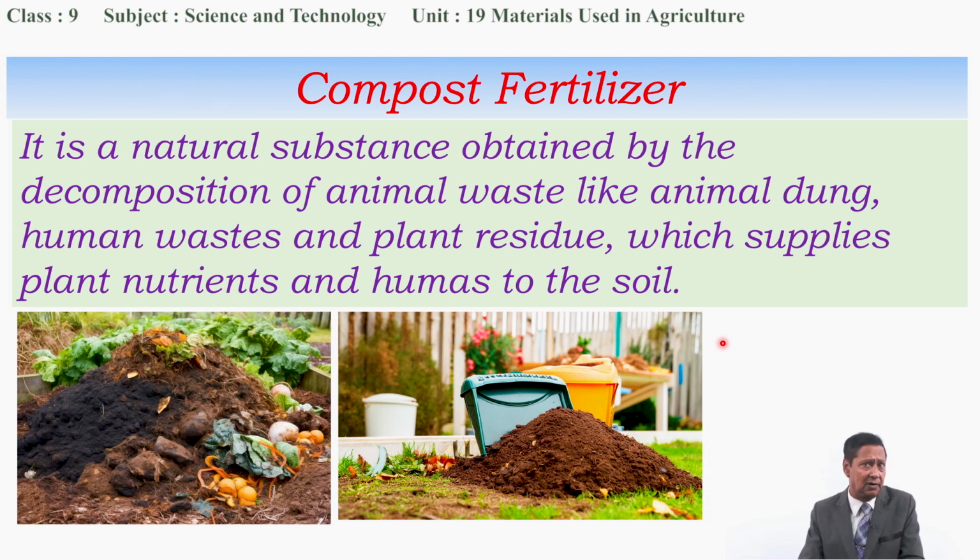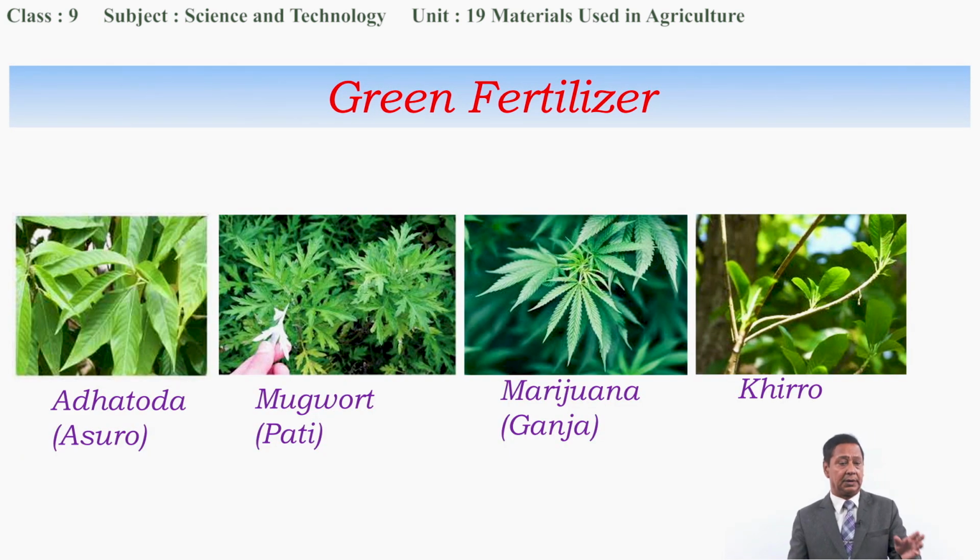Now what is green fertilizer? Asuro, pati, gaja, khirro. These green plants, if buried into the soil before the agriculture, then they decompose within few days and convert to organic fertilizer and they are called green fertilizer.